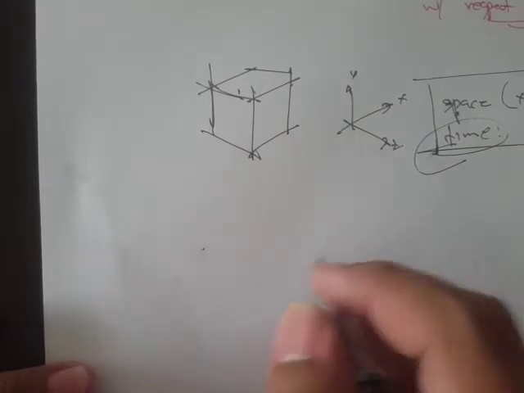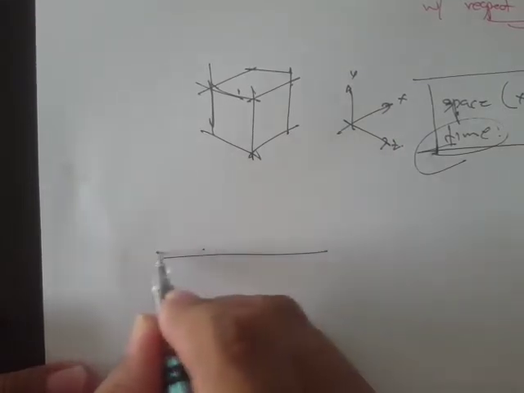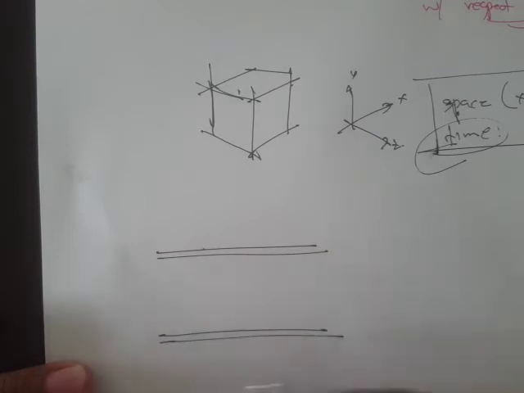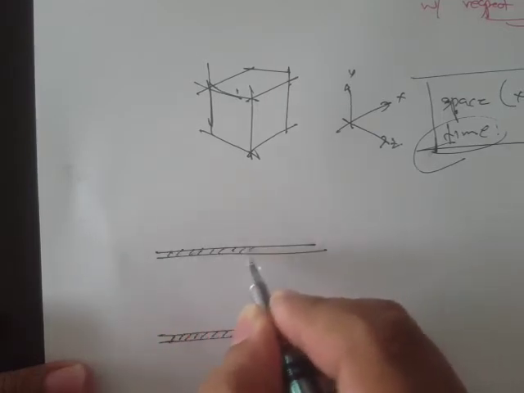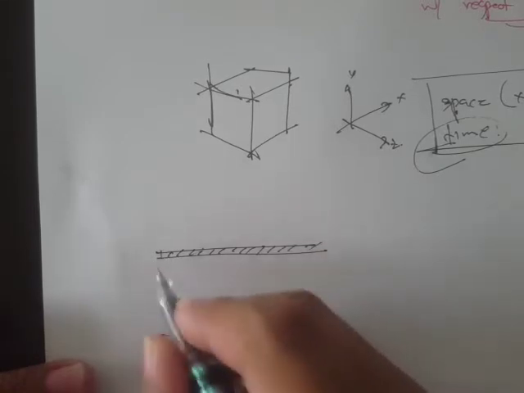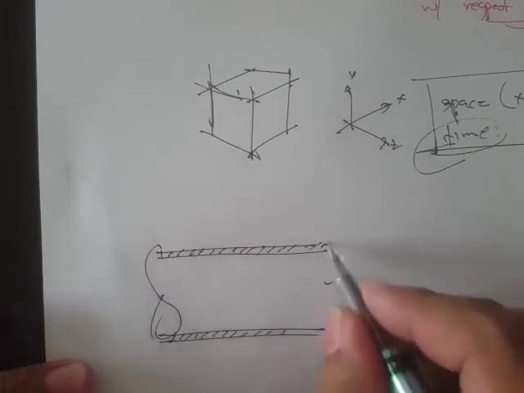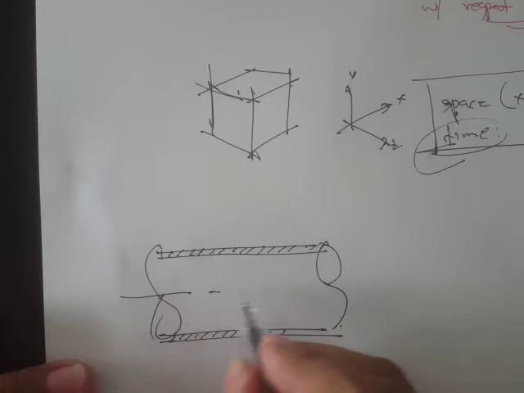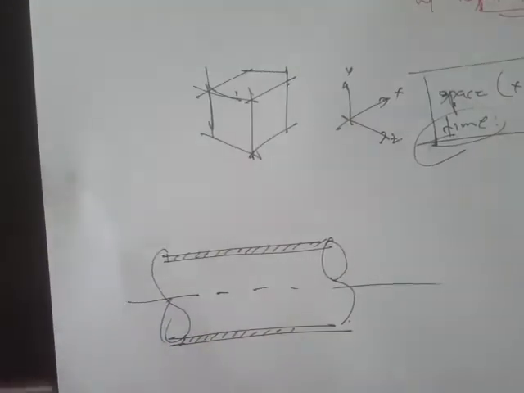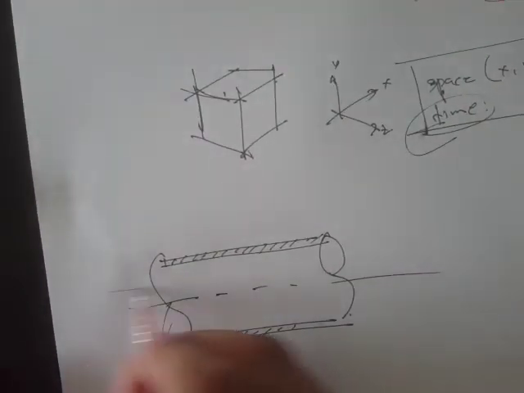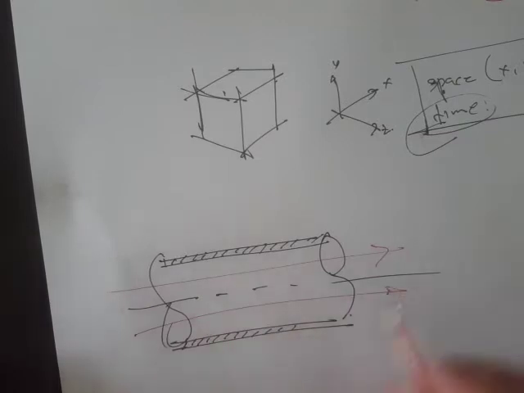Okay, so for the uniformity of flow, let's consider this pipe, for example. Okay, so this is our conduit, and we will have a flow right here. Right, so we have flow of fluids.